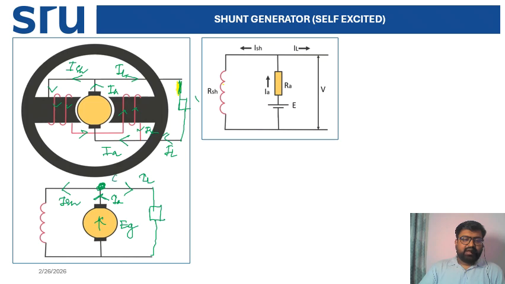We know that if you put a point here, the incoming current is equal to the sum of the outgoing current. Now the IL will come here and the shunt current is coming here, and both are adding up and entering the armature. If you mark two points A and B, it is clear that your armature current IA equals your shunt current plus load current.